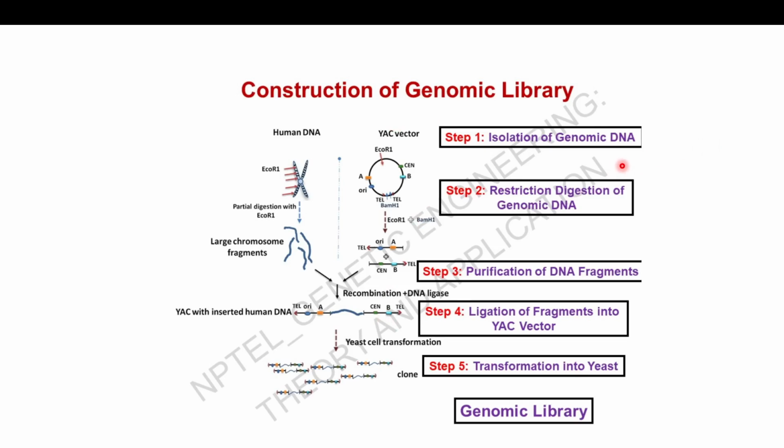The very first thing you have to do is isolate the genomic DNA, the whole sequence of nucleotides, from the organism of our interest. Then it has to be chopped up using certain enzymes into different kinds of fragments of different lengths. Now, plasmid DNA, which we talked about in the previous slides, is much smaller than genomic DNA.